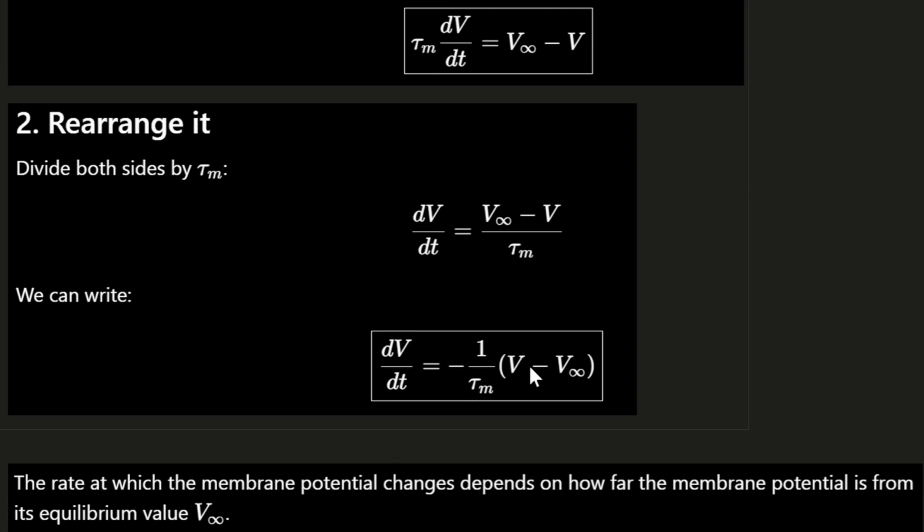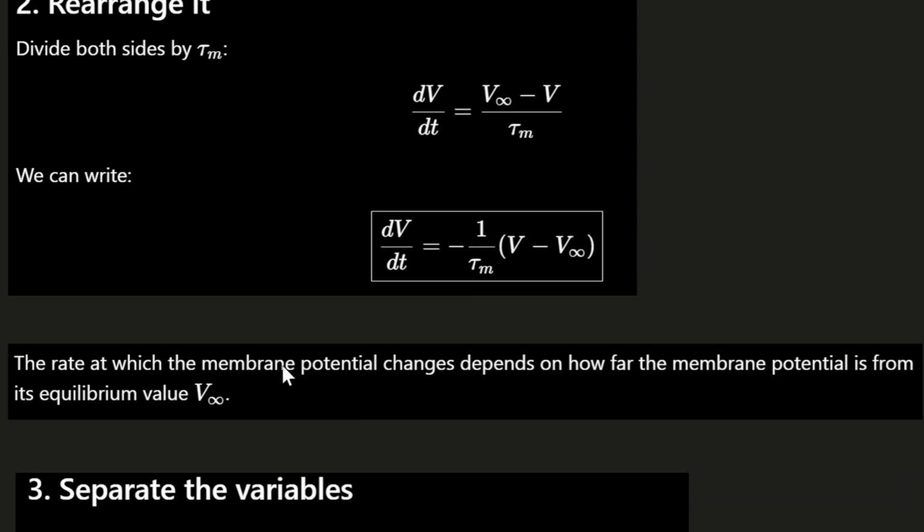If this thing is small, this change will be small as well. If there's a huge gap, if v minus v infinity is huge, then dv by dt would be huge.